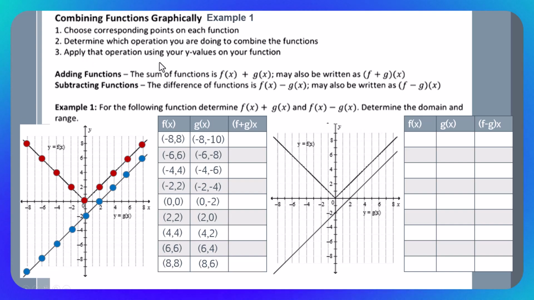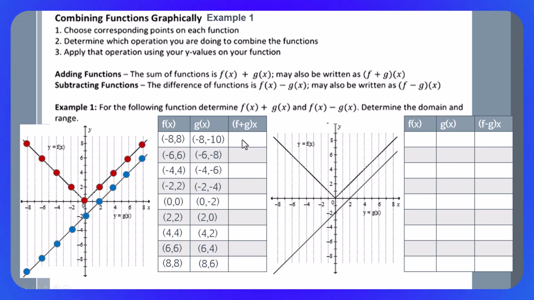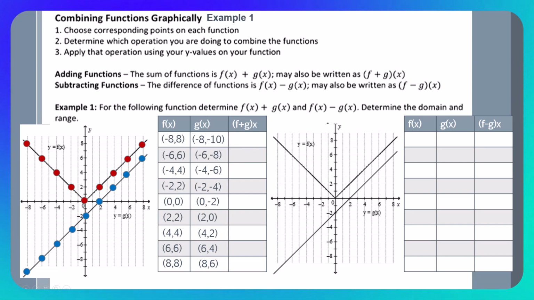We're going to apply that operation using only the y values on your functions. So again, we're going to have the same x values, the input. So f plus g of x. X is always going to be negative 8 for the first point, negative 6, negative 4, and so on. So you can go ahead and fill in your x values and then simply add your y values.